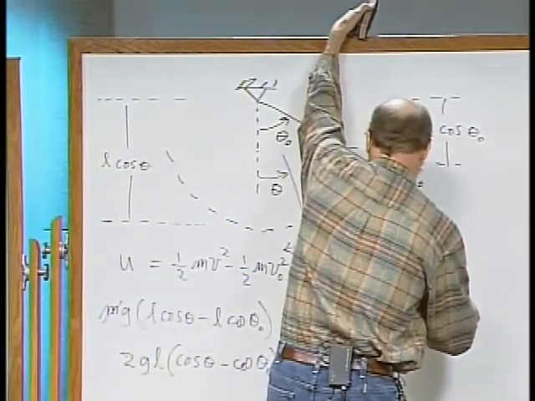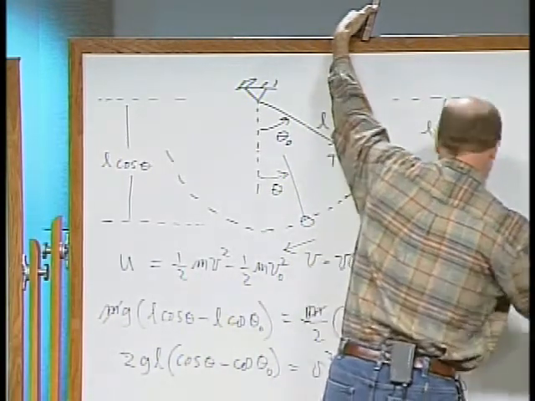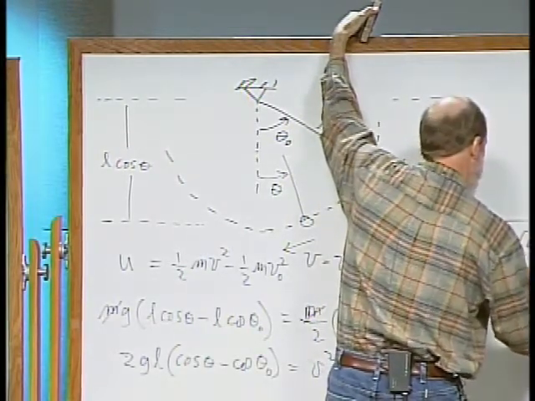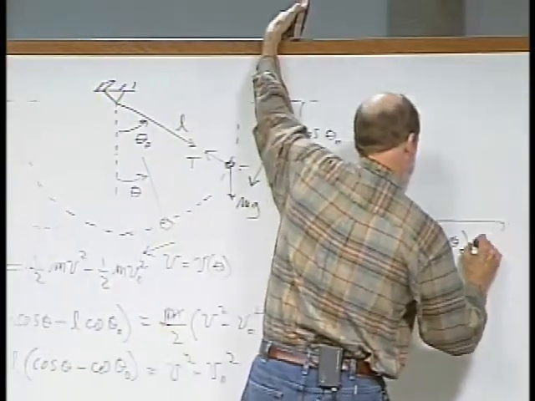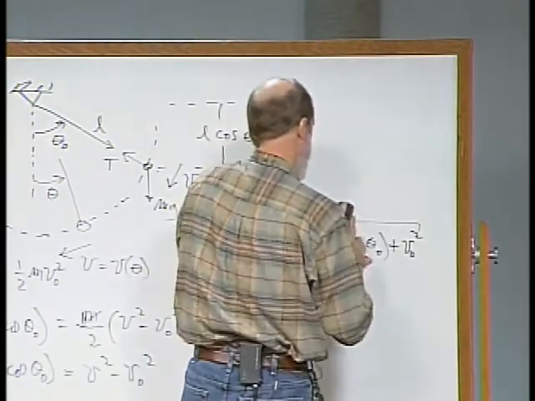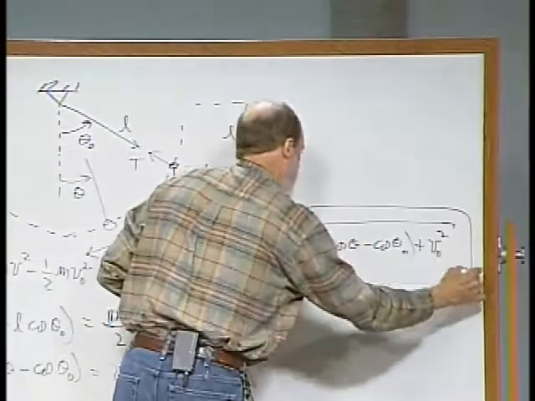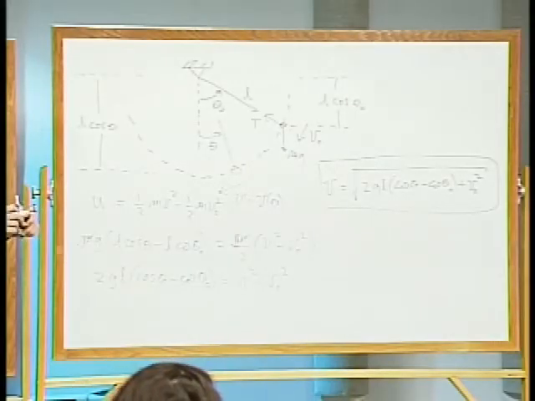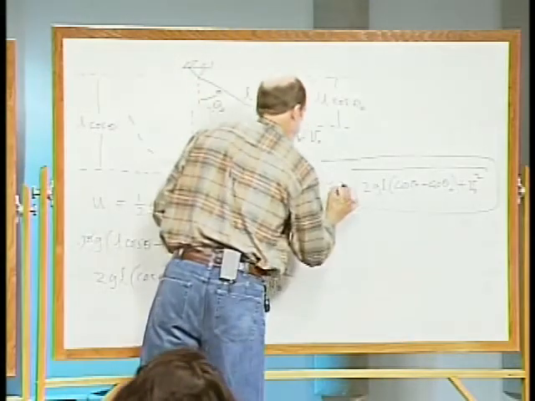And so we end up with an expression for v, which is equal to the radical of 2GL, the difference in our cosine readings, plus the initial speed squared. So that's the speed at any theta.